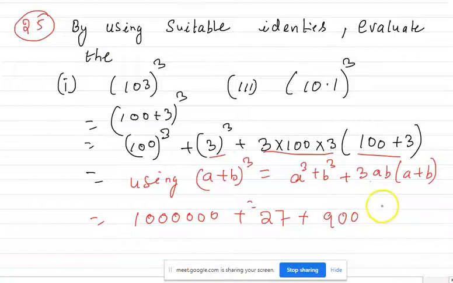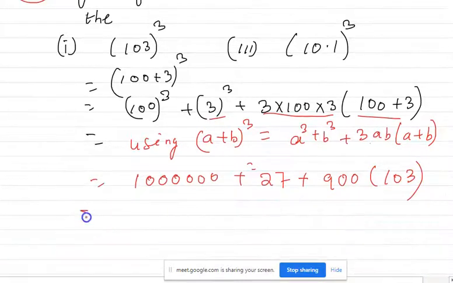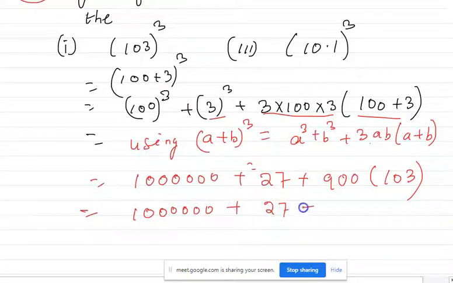And it will be 100 plus 3, 103. Now it will be 1 2 3 4 5 6 plus 27 plus 9, 103 into 900.